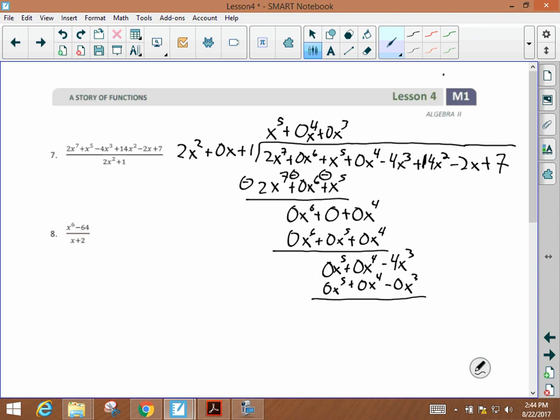All right, now we get to change some signs and add, and I wind up with negative 4x cubed. And I'm going to drop down this 14x squared. Fantastic. What do I need to multiply 2x squared by to get negative 4x cubed? It looks like negative 2x.